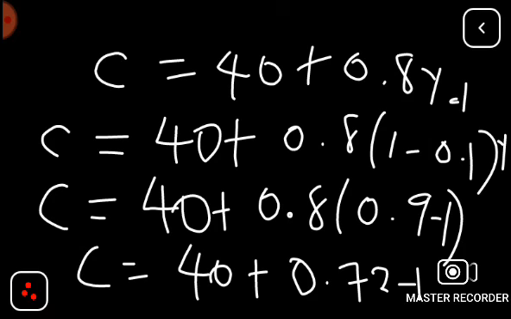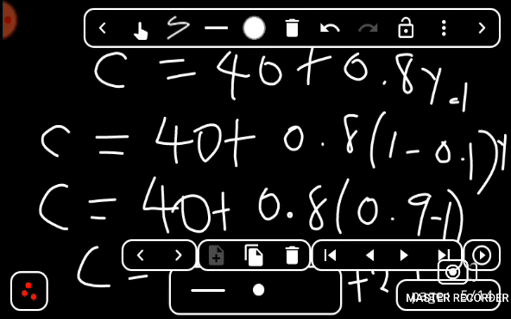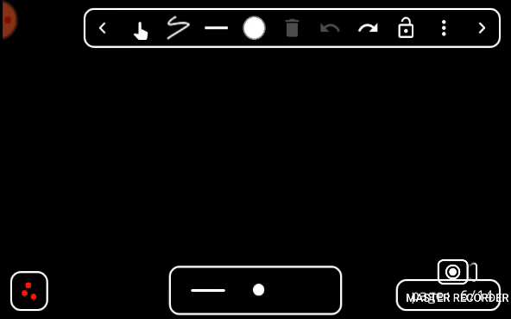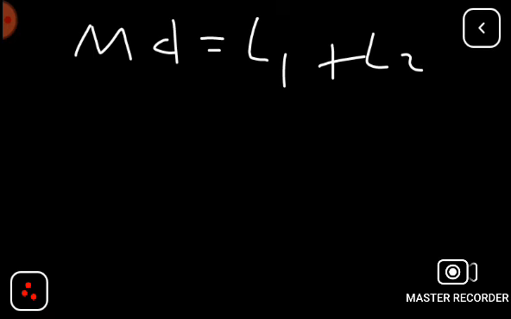Now, having dealt with consumption, let's look at the other part of this question, which is L1 and L2. Let's have our money demand so that we can solve this question nicely. Our money demand is equal to L1 plus L2.